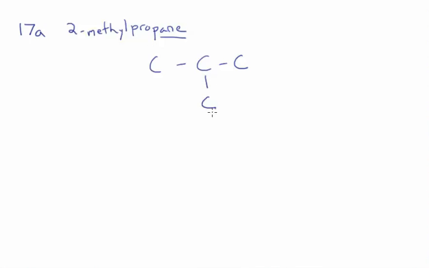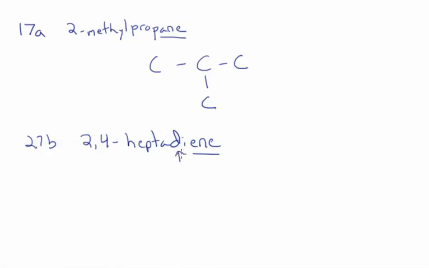Let's look at 27b. 2,4-heptadiene. Now this ene at the end tells us there's a double bond. And this di tells us that there's 2 double bonds. It's a chain of 7.